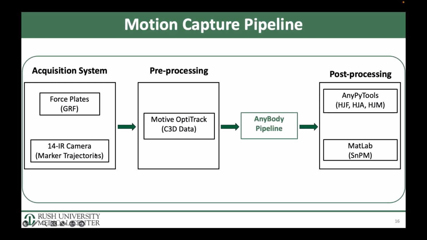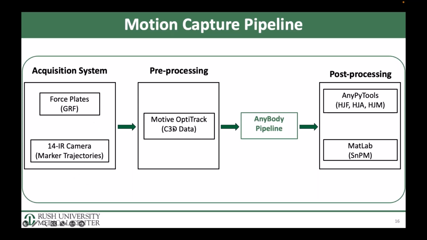And while they're performing this task, there are infrared cameras that detect the position of the reflective markers throughout the trial. Then we have force plates. The force plates are able to detect the ground reaction force, so the force between the subject while he or she is performing the motion task and the ground. And these are the two main data that are acquired.